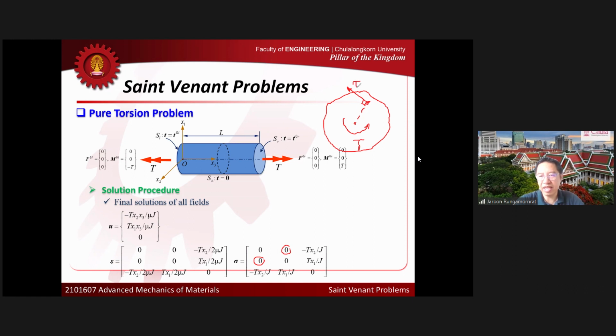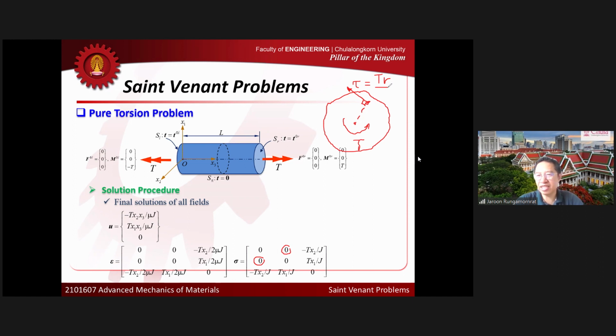In the class that you learned before, this shear stress can be obtained from the basic formula that we call the torsion formula, right? It's simply T R over J, if you remember, right?